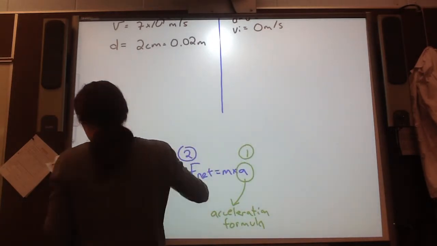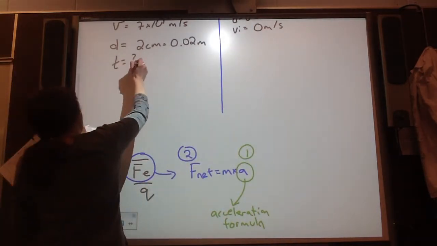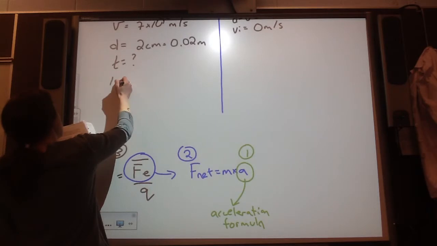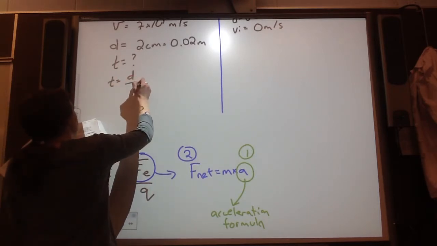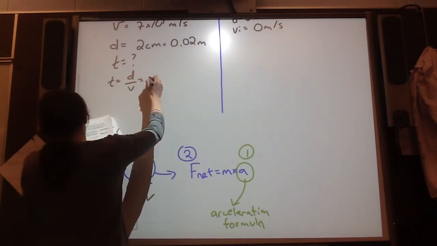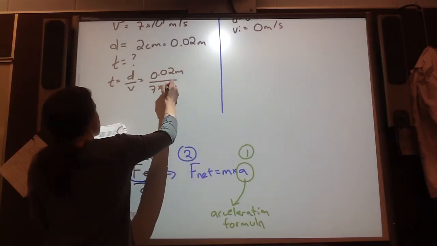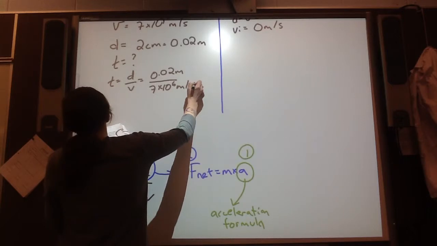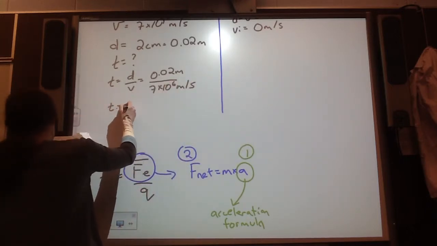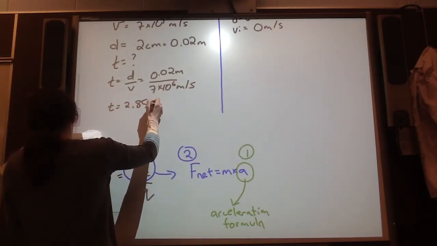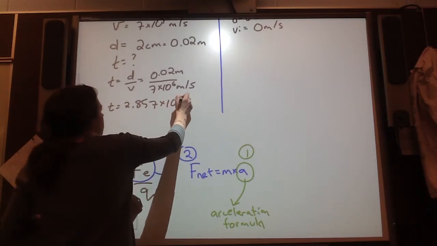So on this side, we can find time. T is equal to d divided by v, 0.02 meters divided by 7 times 10 to the 6 meters per second. So t is 2.857 times 10 to the negative 9 seconds.